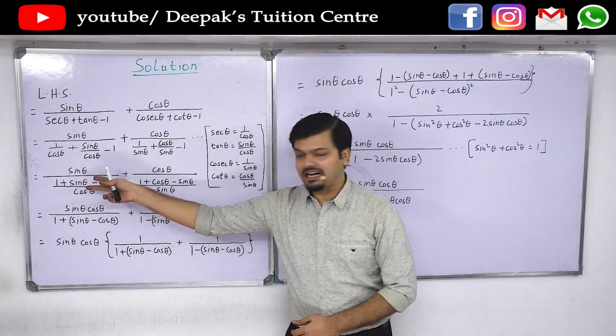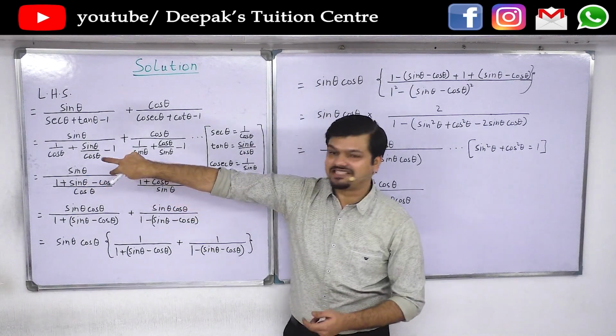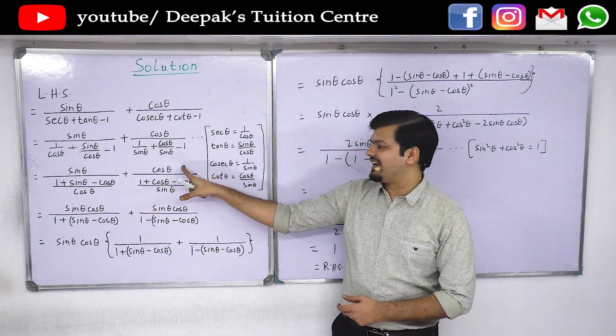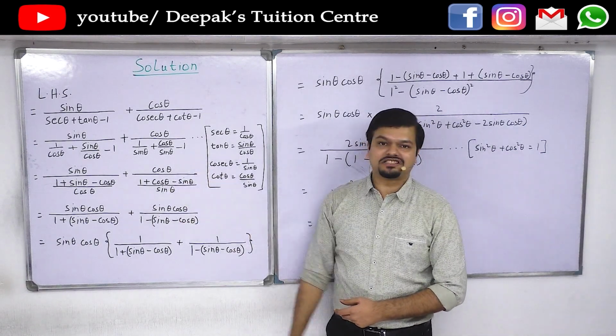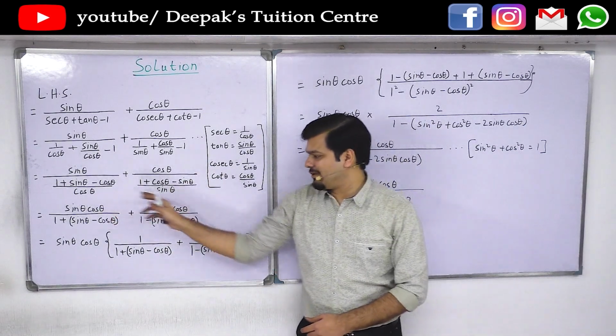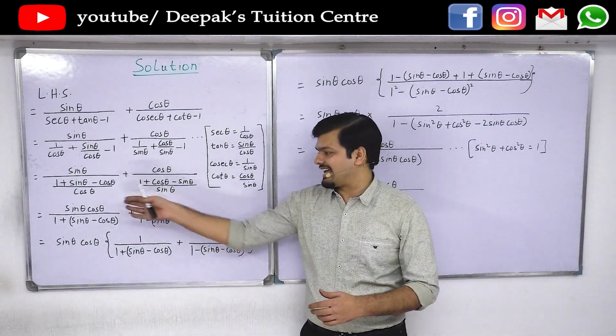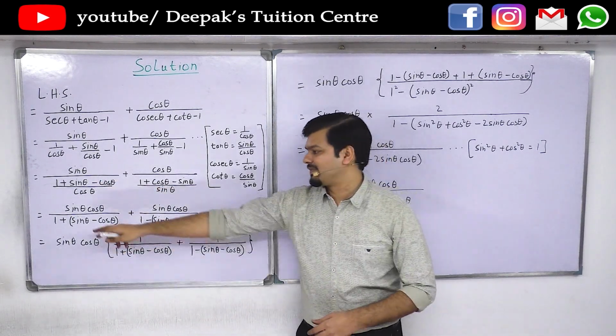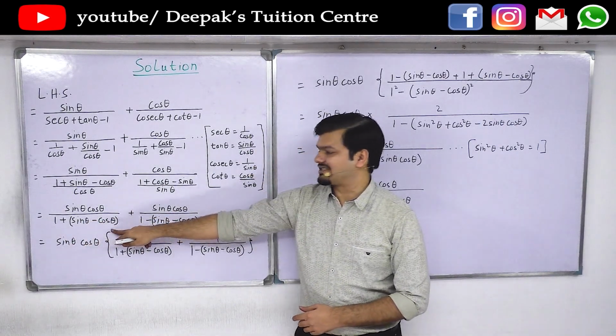So this fraction in the denominator gets reciprocal, and we have sin theta cos theta in the numerator. Similarly, here also we have sin theta cos theta in the numerator. Now, since the numerator looks exactly equal, we try to make the denominator also very similar. So 1 plus sin theta minus cos theta.